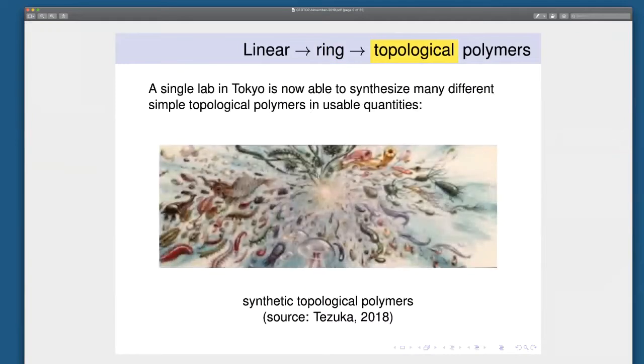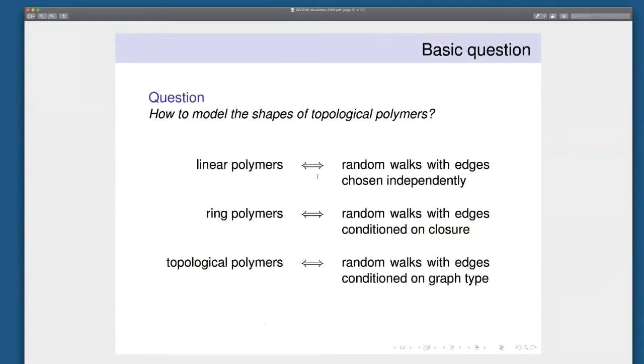Tezuka calls this the Cambrian explosion of topological polymers, because it took a very long time to make the ring polymer, but now new polymer topologies, new graphs, are appearing very regularly in the chemical literature. Okay, so here is the math question.